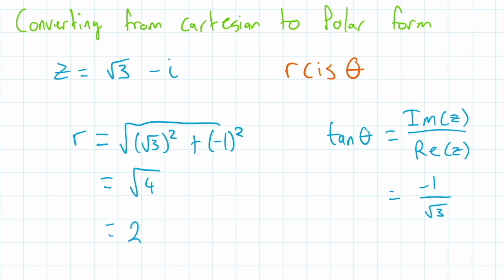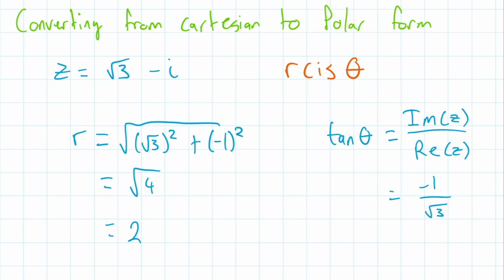If you remember our exact value triangles, 1 over root 3 is going to be pi on 6. Because the imaginary component, or my sine component of my solution, is negative, then the angle between my complex number and the real axis is going to be pi on 6 in the quadrant where sine's negative and cos is positive, which in this case is going to be quadrant 4.